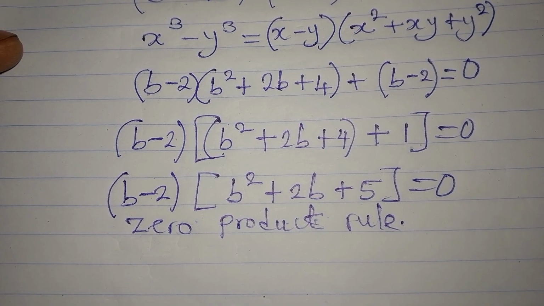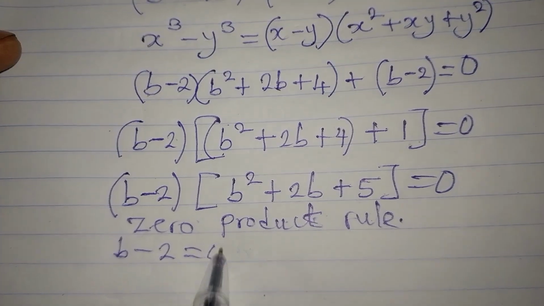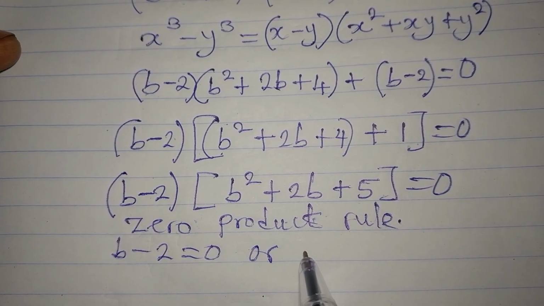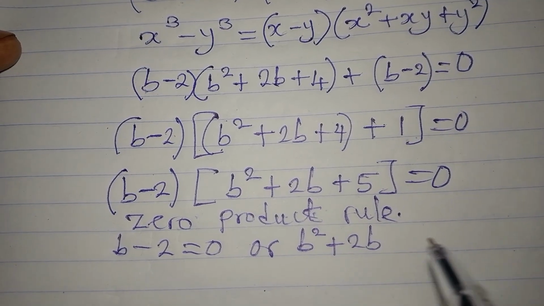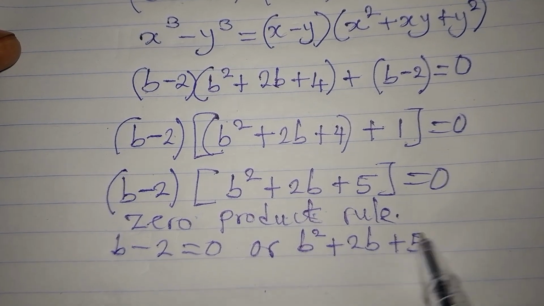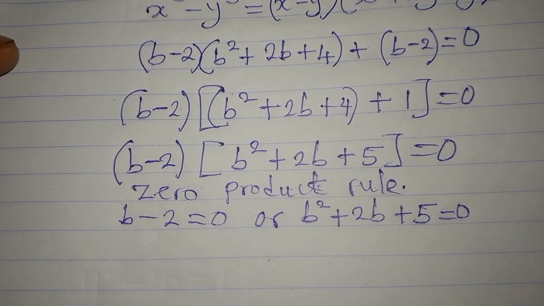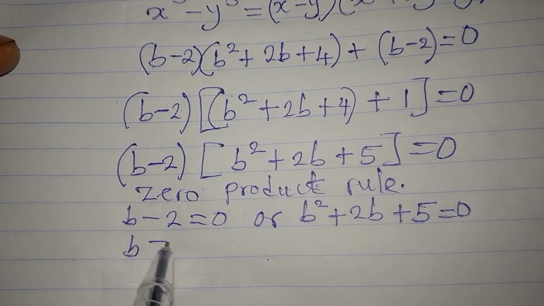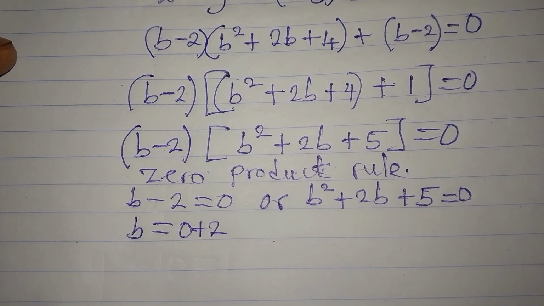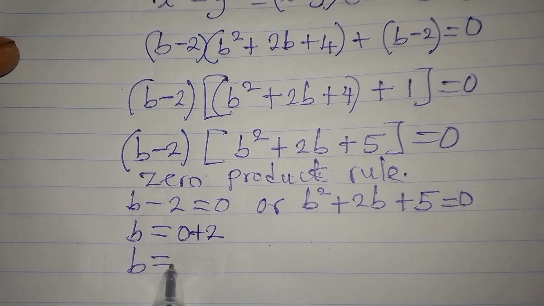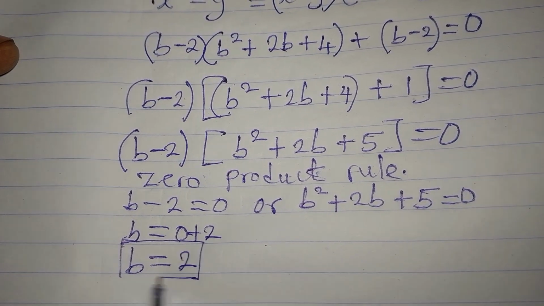So we're going to say that it is either b minus 2 is 0 or b squared plus 2b plus 5 is equal to 0. And now from here, our b is simply 0 plus 2 if you make b the subject, and then our b is 2. This is one of the solutions.